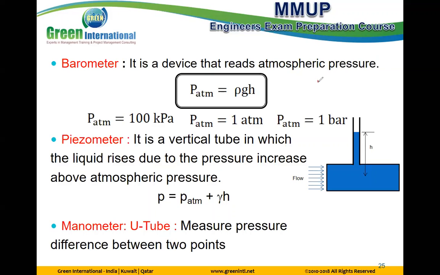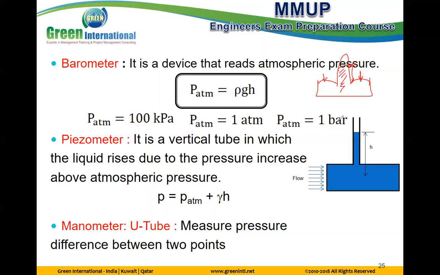This is the shape, if you remember this one. The experiment is like this, and we make a balance. It means the pressure applied to the liquid outside the tube is equal to the column of liquid inside. This device is used to measure the pressure.